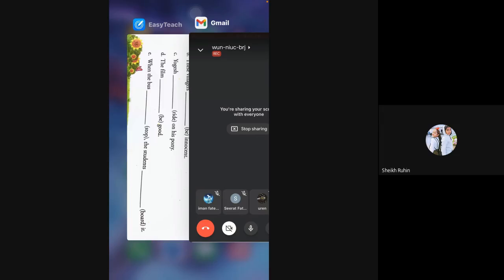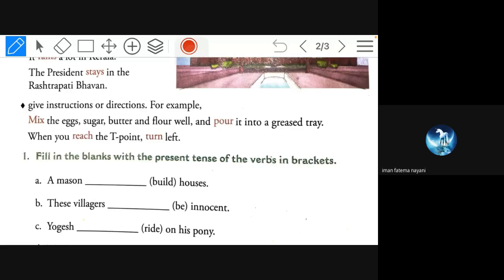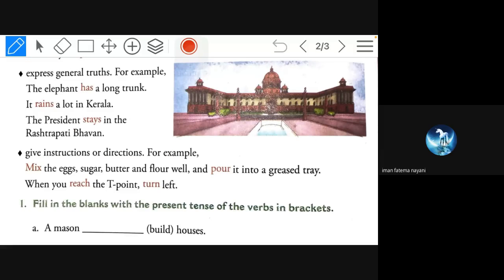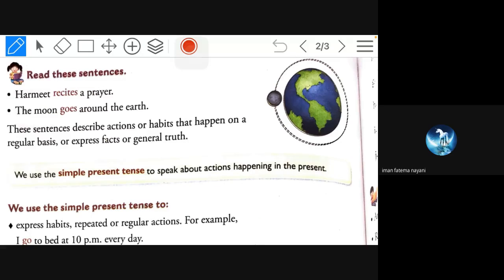Yes, sir. Ruhin, tell me, there are three things included in the simple present tense. What are the three things, Ruhin? Do you remember when I was first explaining to you? I wrote three things included in the simple present tense.